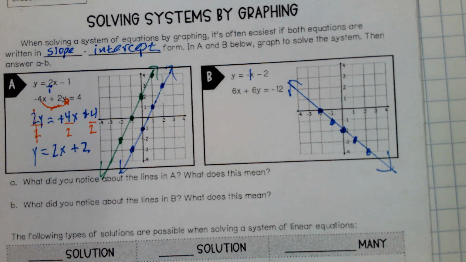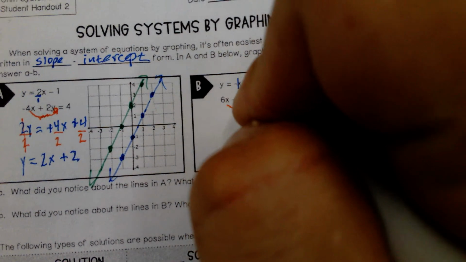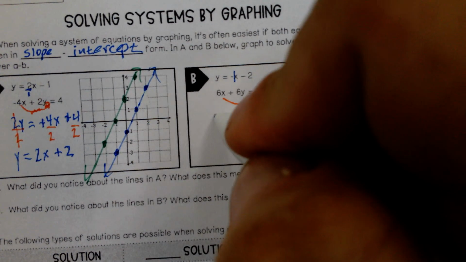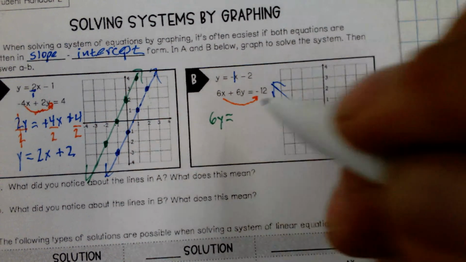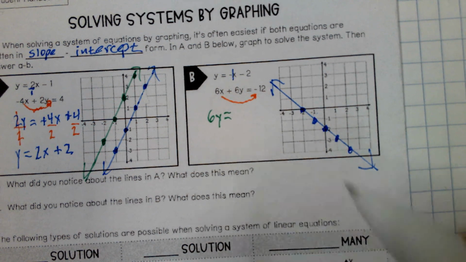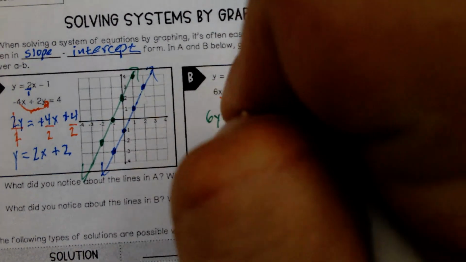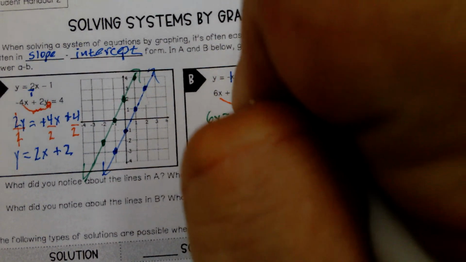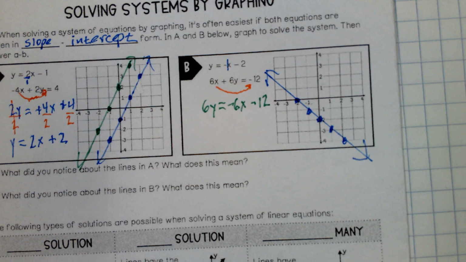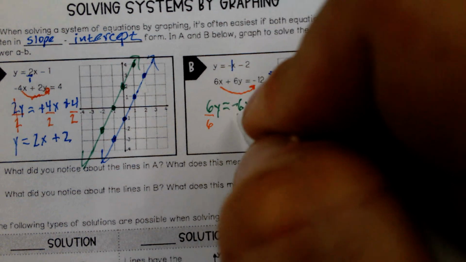Let's do the same process for this other equation. Let's set it equal to y, bringing over 6x. So now we have 6y equals, what's on the other side of the equal sign? Well, if I bring the 6x over to the right, it goes from positive to -6x minus 12. Okay. And let's divide by 6.